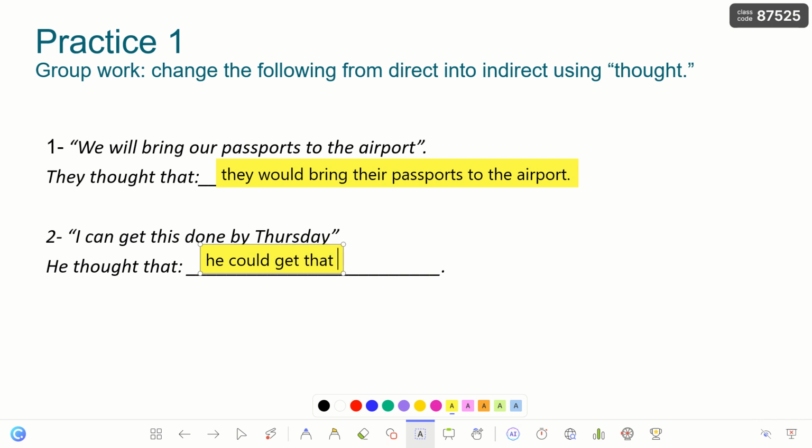Please make sure that you revise the worksheet for the list of words and the list of modal verbs that we change from direct to indirect. But it seems that his expectation was wrong and he couldn't get that done by Thursday. Okay.